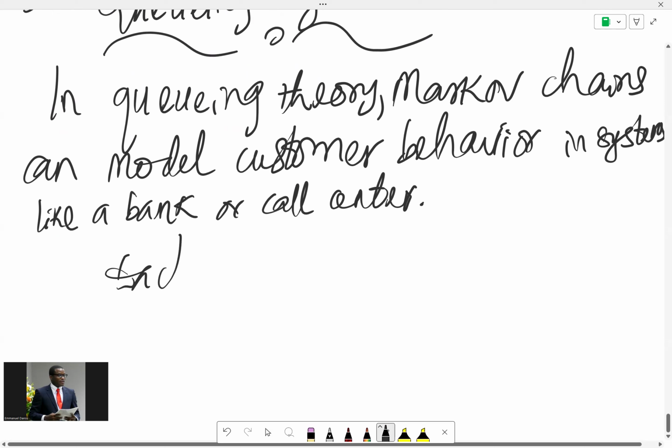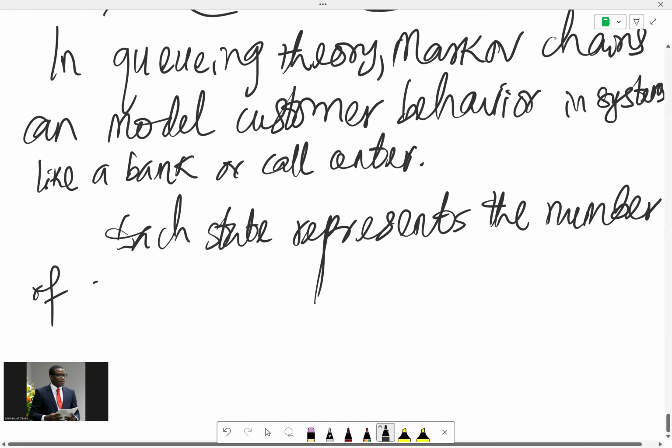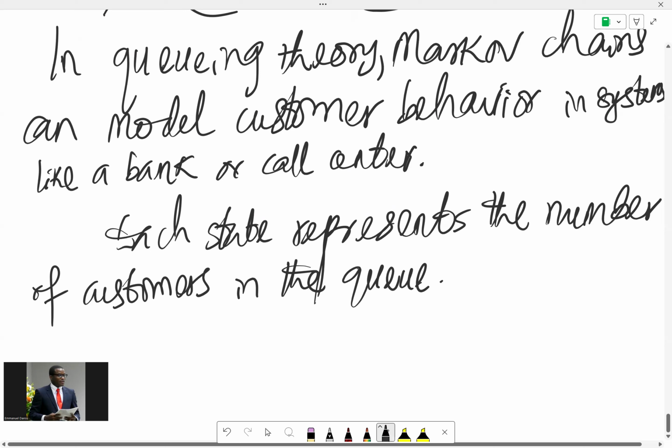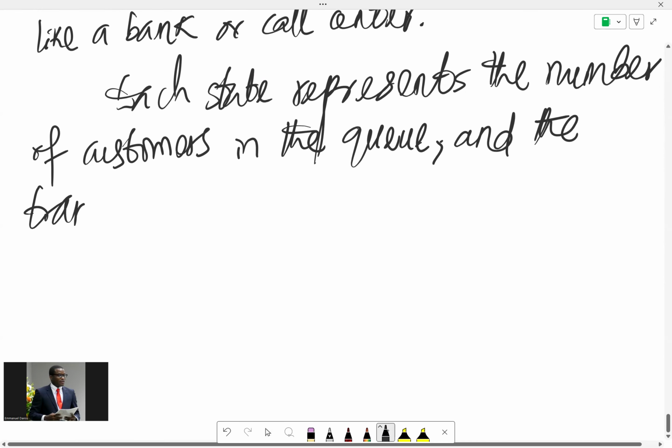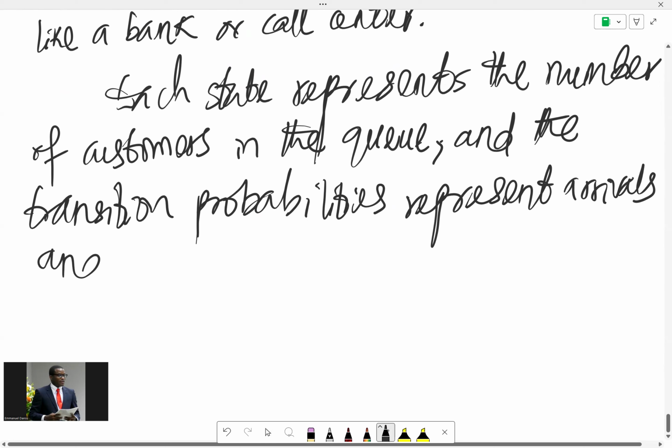Each state represents the number of customers in the queue, and the transition probabilities represent arrivals and service completions.